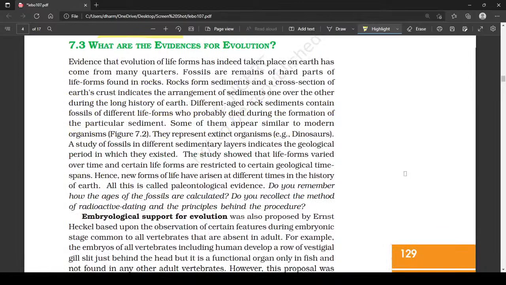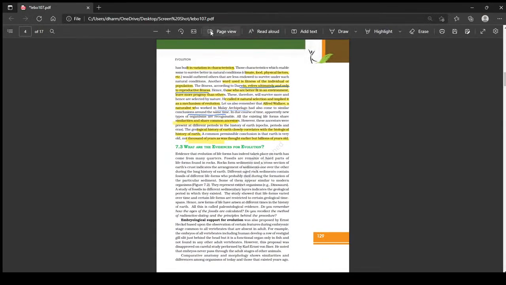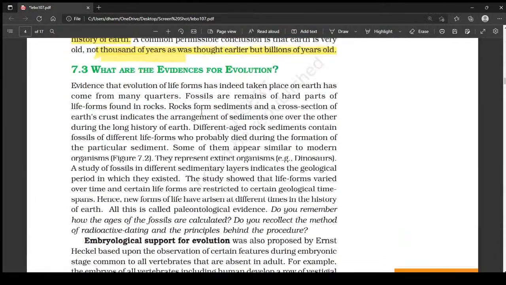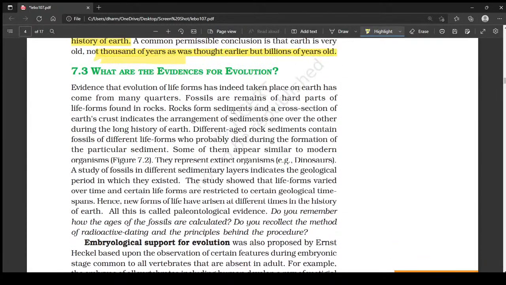What are the evidences for evolution? Evidence that evolution of life forms has indeed taken place on Earth has come from many quarters. Fossils are remains of hard parts of life forms found in rocks.